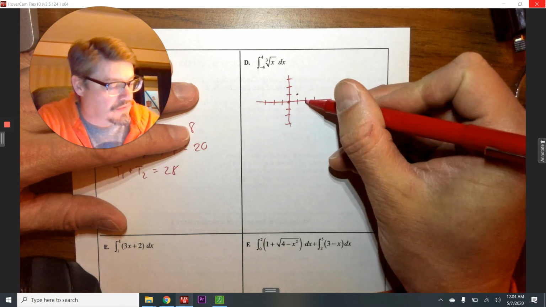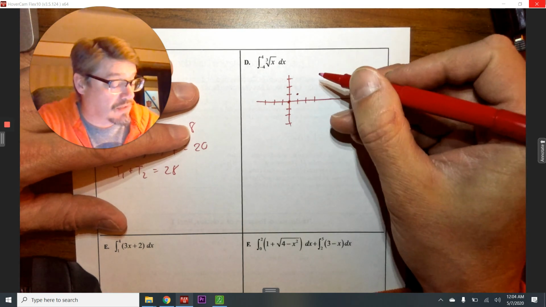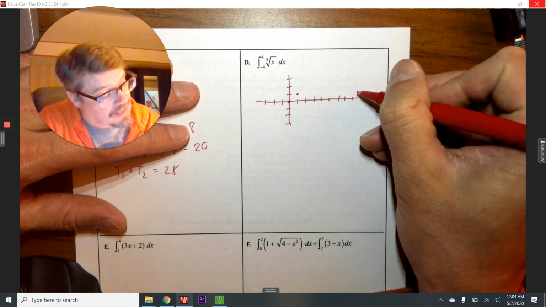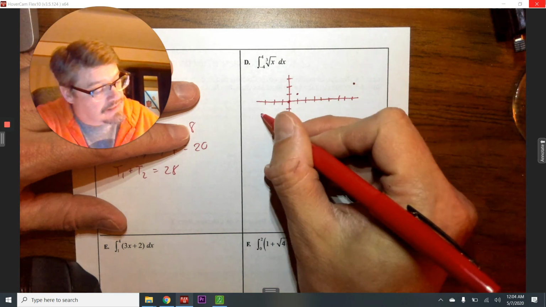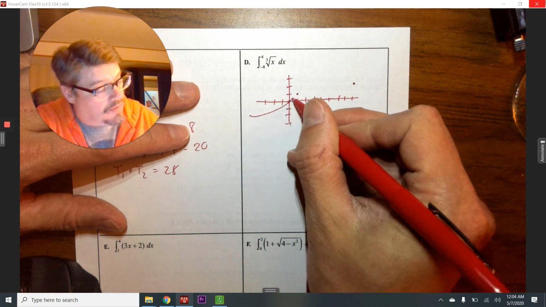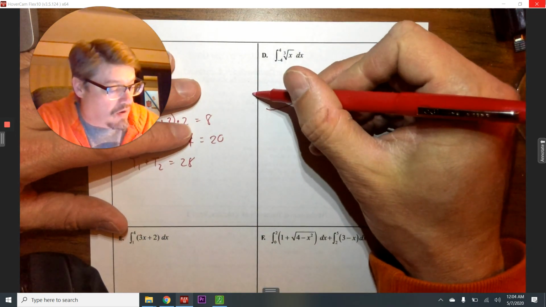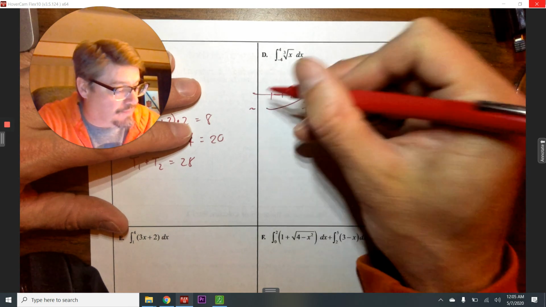Cube root of 2, decimal. Can't do a cube root nicely until 8. Cube root of 8 is 2. And this is going to happen all the way to the other side as well. So if I go all the way to 8, I'll have a point there.